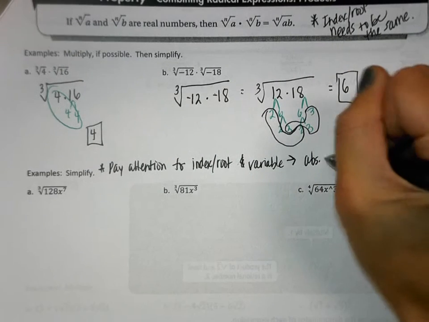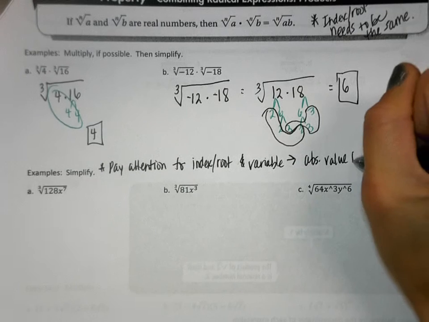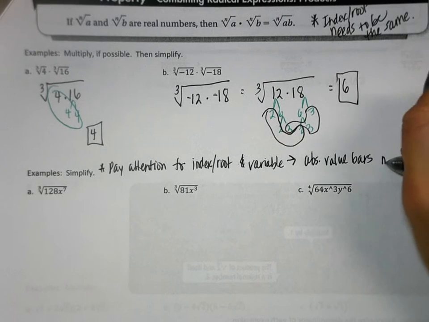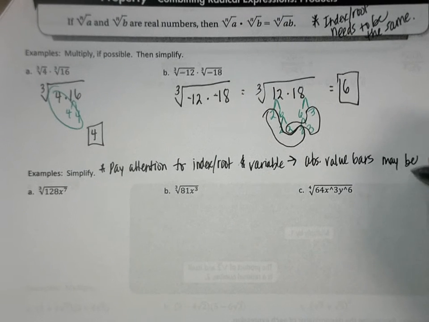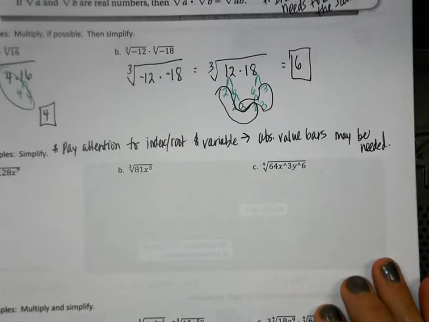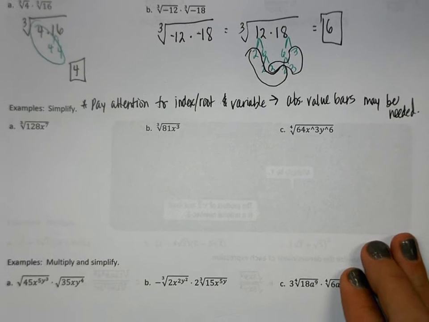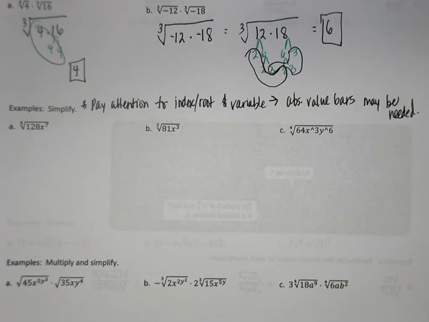Absolute value bars may be needed. And again, I write all this stuff in your notes because as you look back at them when you're trying to complete the homework, hopefully the notes will help you remember why things are the way they are.